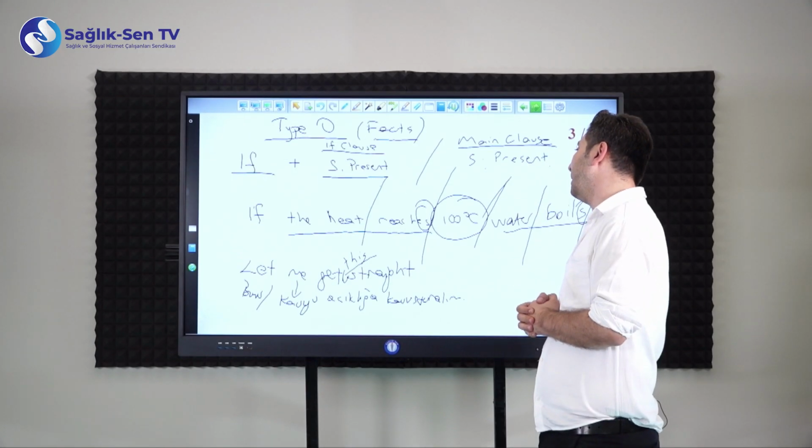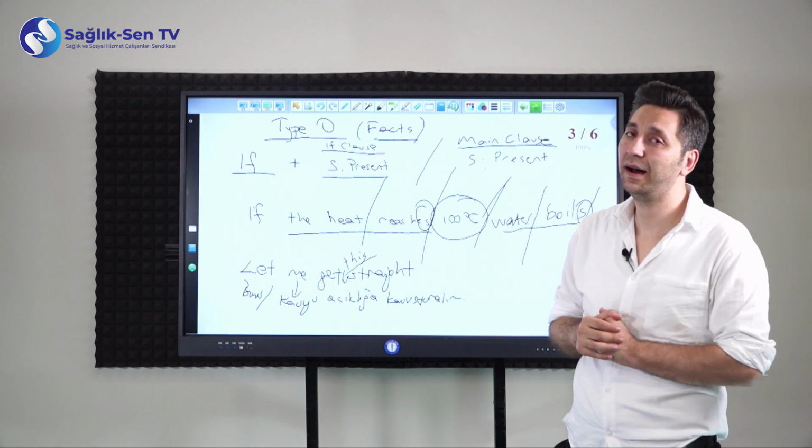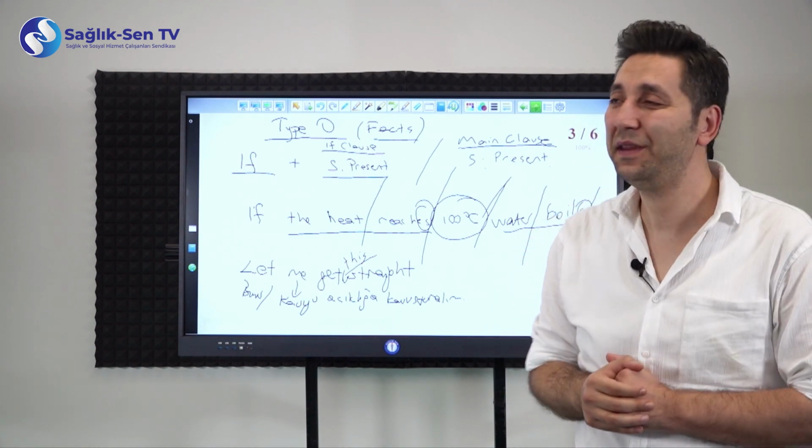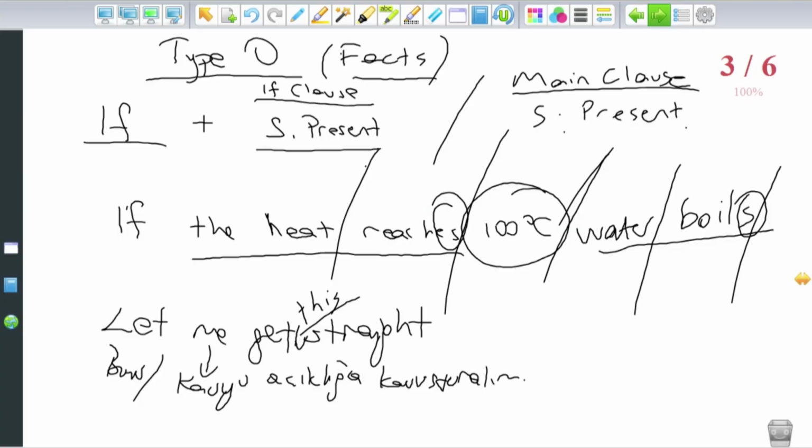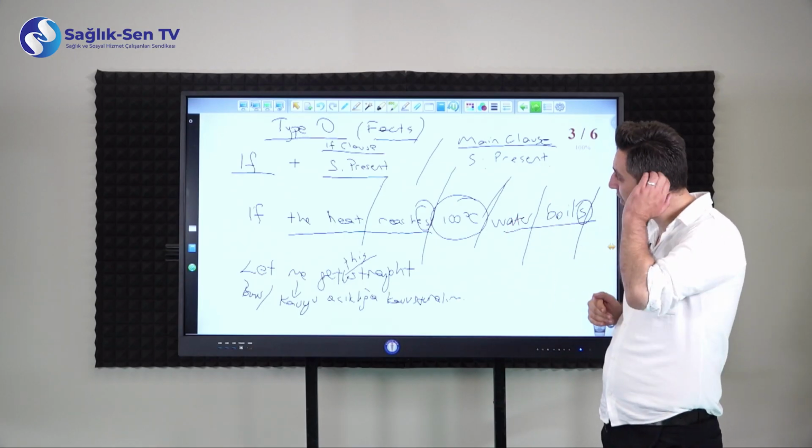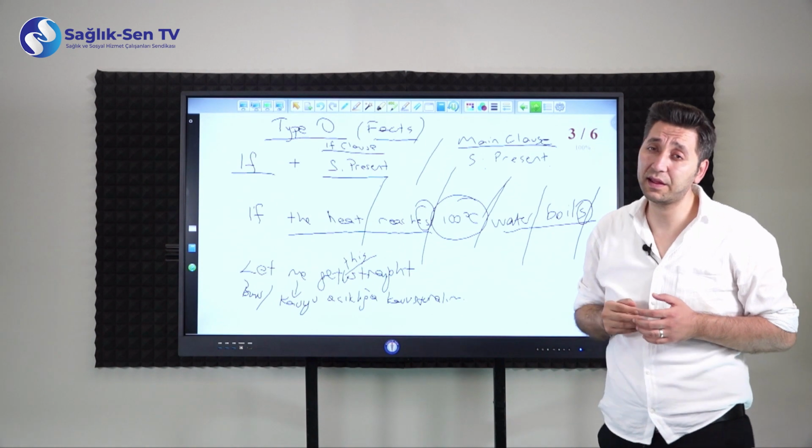Dedik ki I wish they were so easy, I've said to you. Keşke size dediğim gibi bunlar bu kadar kolay olsaydı. Yani if, hani bizde şart bir tane ya. Şartı koy, şart yap. İngilizce'de maalesef öyle değil. Type 0 var ilk olarak bahsedeceğimiz. Nelerden bahsederken fact.